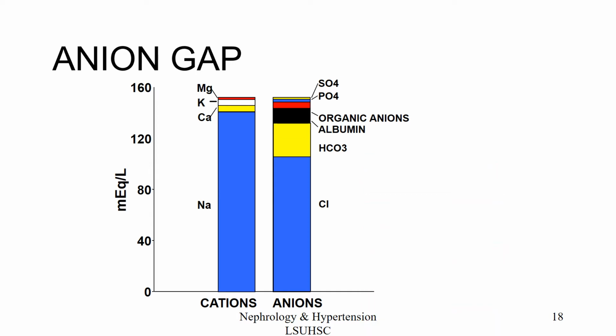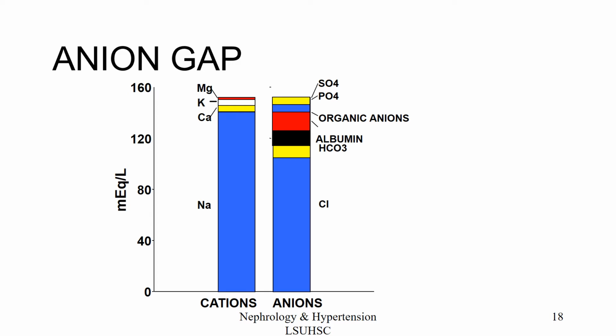You can have another scenario where certain organic anions, and there are several different mnemonics by which we could memorize different organic anions that can be affected, may go up, and this increase in the organic anion takes up the bicarbonate.